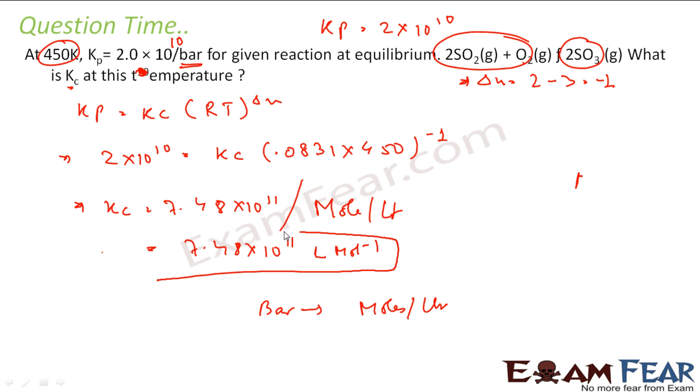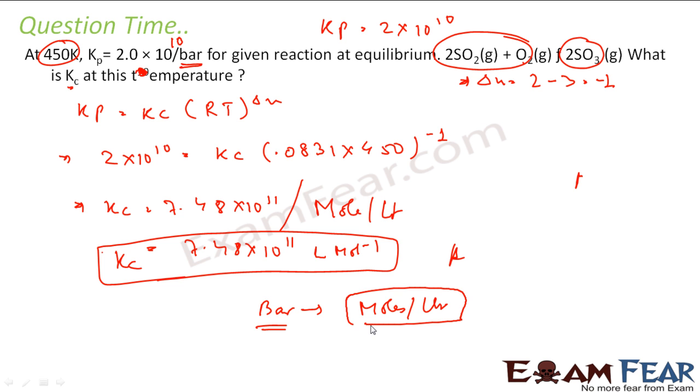Same thing. Please note the unit, you have to take care. If Kc is in moles per liter, Kp has to be in bar. If it is moles per liter squared, it will be bar squared. If it is per mole per liter, it will be per bar. So every time moles per liter has to be replaced with bar. Correct? In this case it was bar to the power minus 1, so it became moles per liter to the power minus 1.